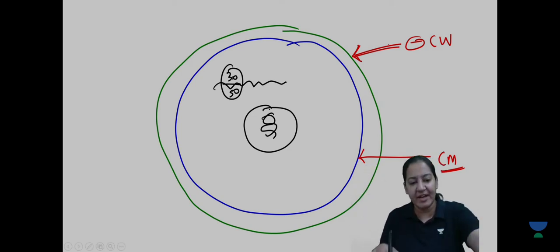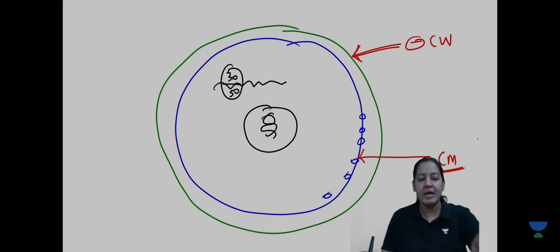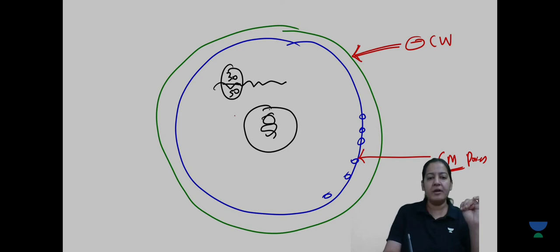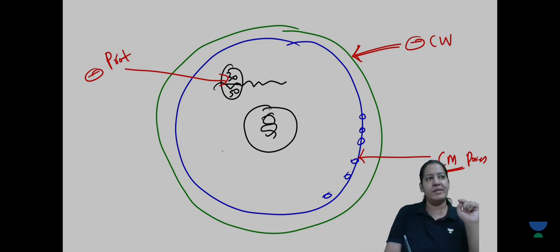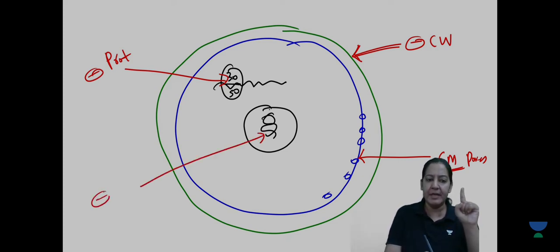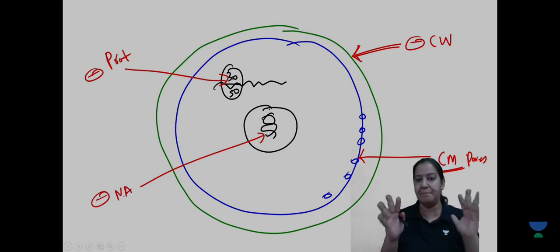There are some which act on the cell membrane, the blue color cell membrane, and they cause pores in the cell membrane, not inhibiting synthesis. The third, there are some which act on the ribosome and inhibit protein synthesis, right? And the last one, there are some which inhibit nucleic acid synthesis.